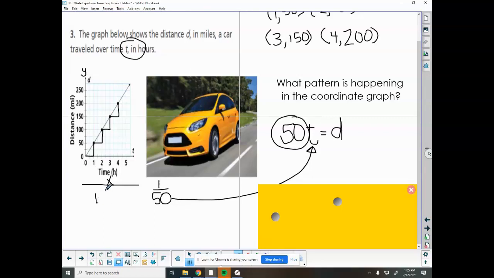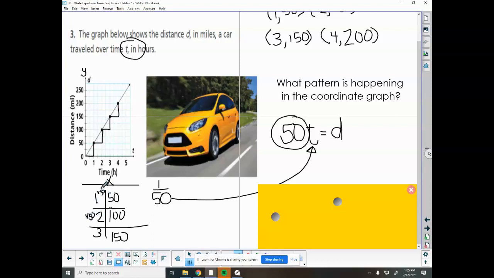If it helps you, write this out in a chart or table: 1 to 50, 2 to 100, 3 to 150. Ask yourself, how did I get from x to y? I had to times by 50. How did I get from 2 to 100? Times by 50.